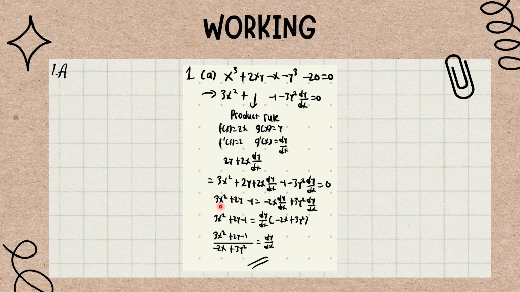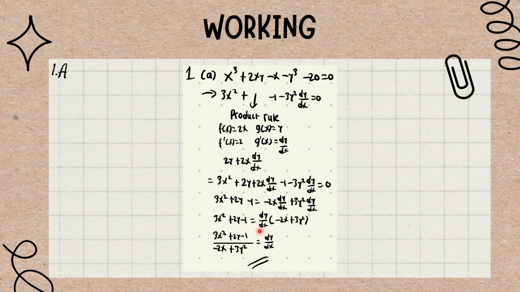We can move the dy over dx terms to the right hand side. So 3x squared plus 2y minus 1 is equal to negative 2x multiplied by dy over dx plus 3y squared multiplied by dy over dx. We can factor out the dy over dx by putting a bracket around negative 2x plus 3y squared.